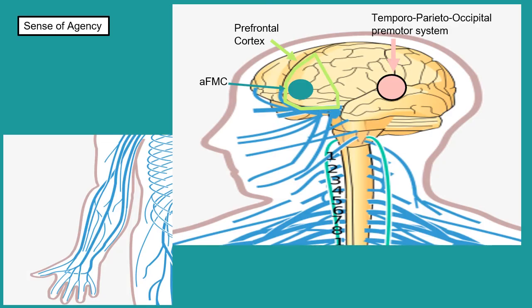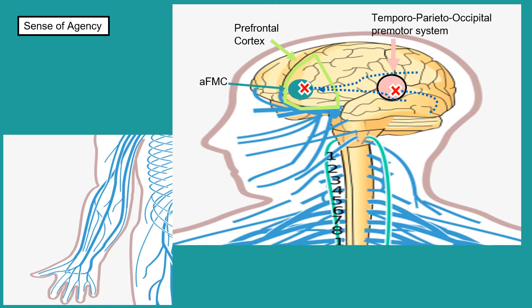So in this situation, this is again another normal activation situation. So we'll see that the AFMC, when it receives information, can inhibit certain behaviors. Same with this temporal-parietal occipital premotor system here. Its job is to prevent or inhibit those behaviors from making their way into the prefrontal cortex to begin with.